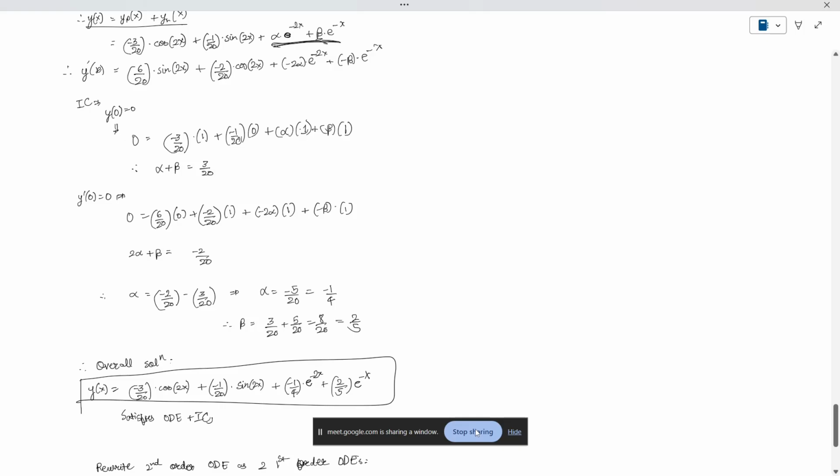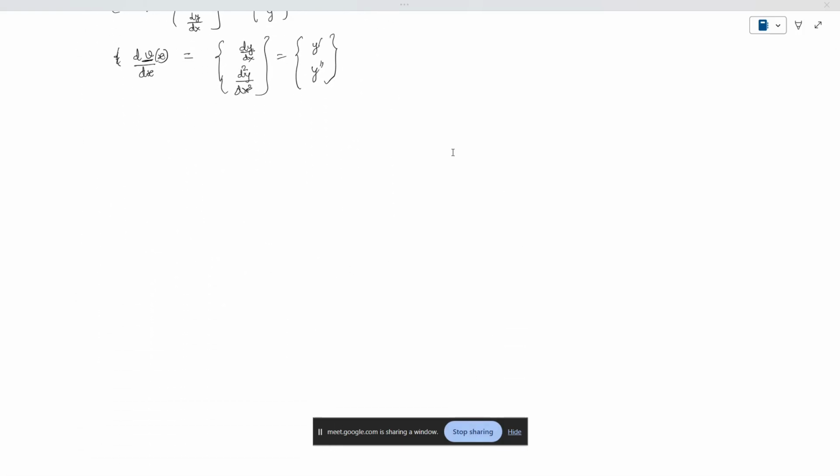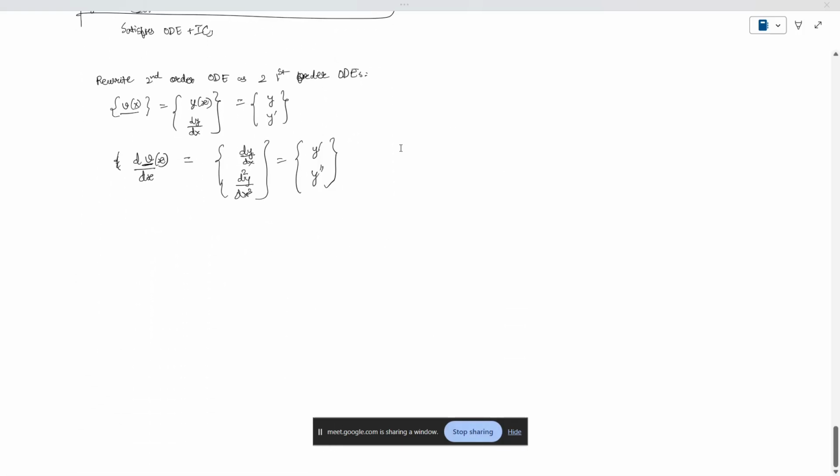I just write this in shorthand notation, so this is y dash and y double dash. From our ODE we know that y double dash equals sine of 2x minus 2y minus 3y dash. Both y and y dash are components of vector v.